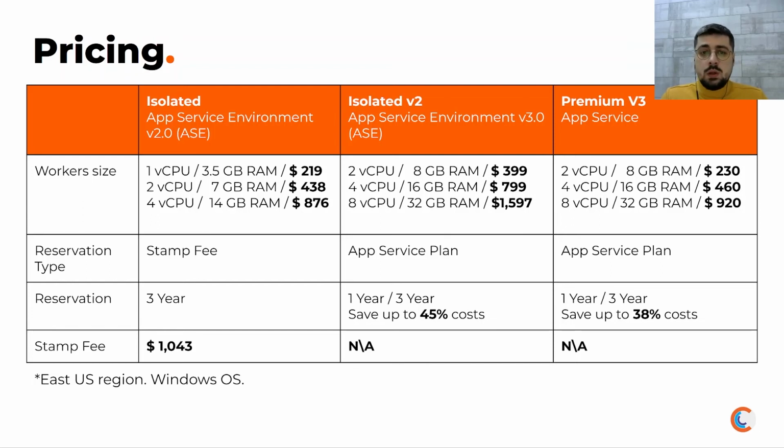Of course, Premium v3 looks cheaper than ASE, but you should remember that ASE is chosen primarily for isolated computing services and the ability to serve large scale and high load.